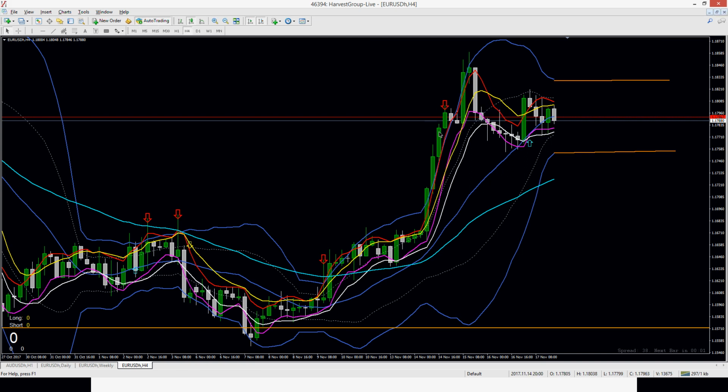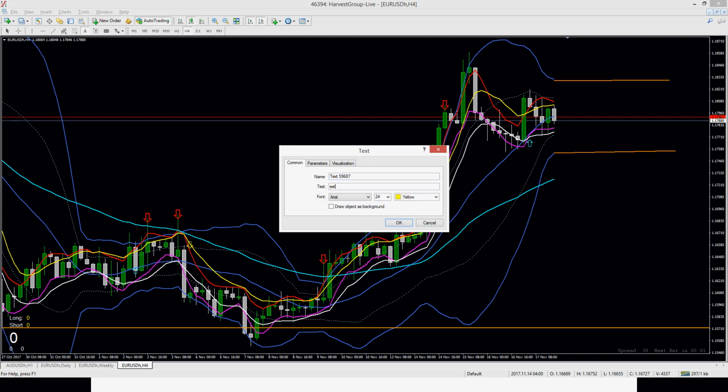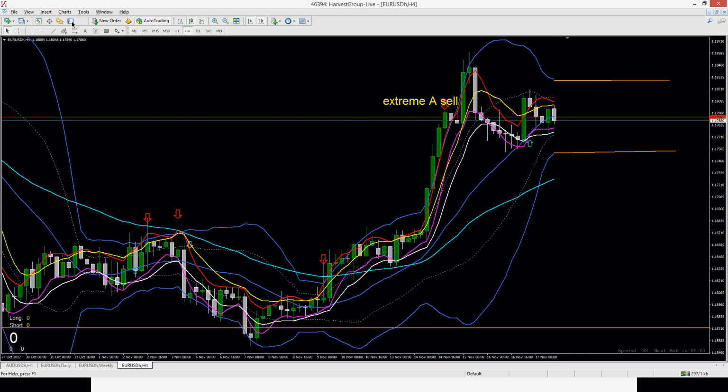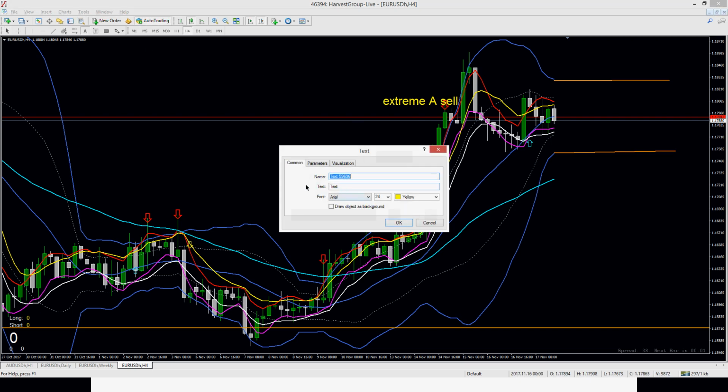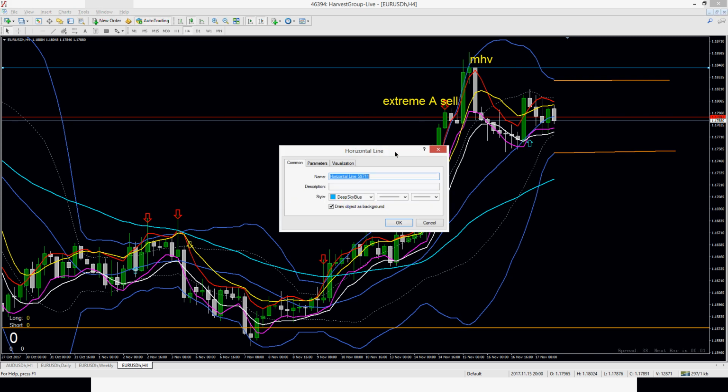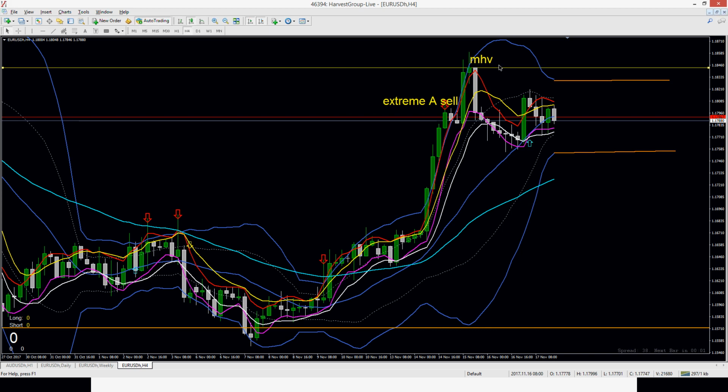So what we have here is extreme A, and obviously you have MHB on the top. However, with this MHB, the price went up, the price went down, but there hasn't been any indication of a candlestick.